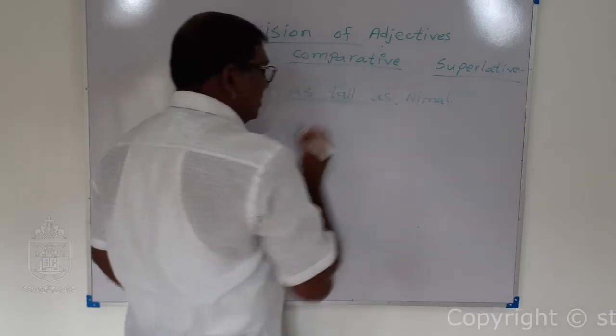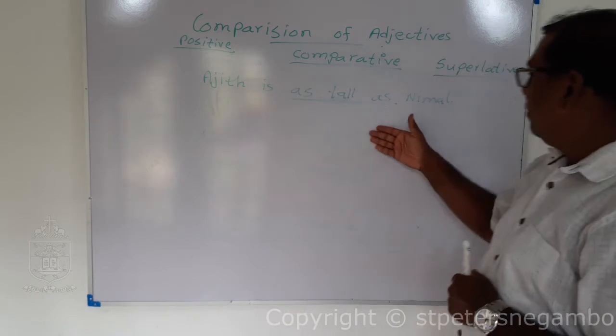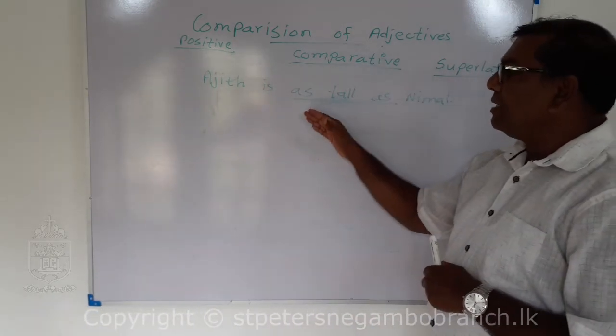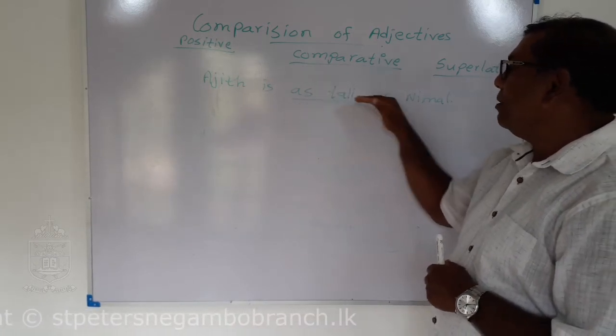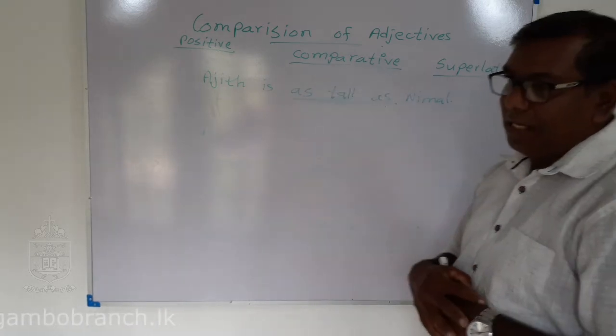As tall as Nimal. It means Ajit is equally tall as Nimal. So when we want to say that, we have to use as before the adjective and after the adjective.